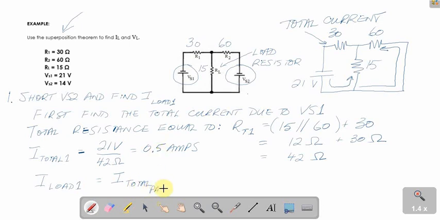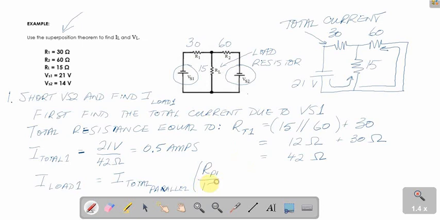And we have to be careful with the total resistance because we're talking about the total resistance in the parallel portion. So in the parallel portion, the total resistance is 12 ohms. That's RP1, the parallel total.